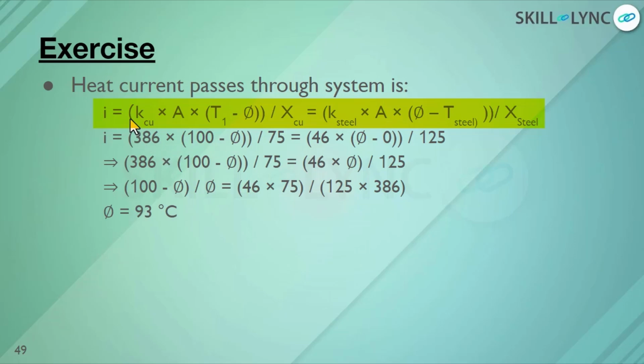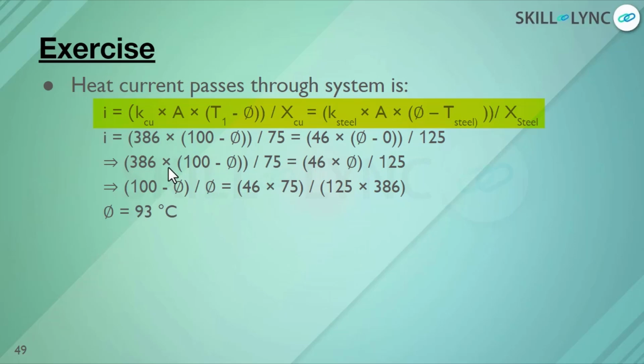Thus, by putting values into this equation, we can write the thermal conductivity of the copper rod as 386, the temperature at one end of the copper rod as 100, minus the temperature we have to find out, that is the temperature at the junction, phi, divided by the length of the copper rod, that is 75, is equal to 46, the thermal conductivity of the steel, multiplied by phi, the temperature at the junction point of steel and copper rod, minus the temperature of steel, that is 0 degrees Celsius, divided by the length of the steel rod, that is 125.